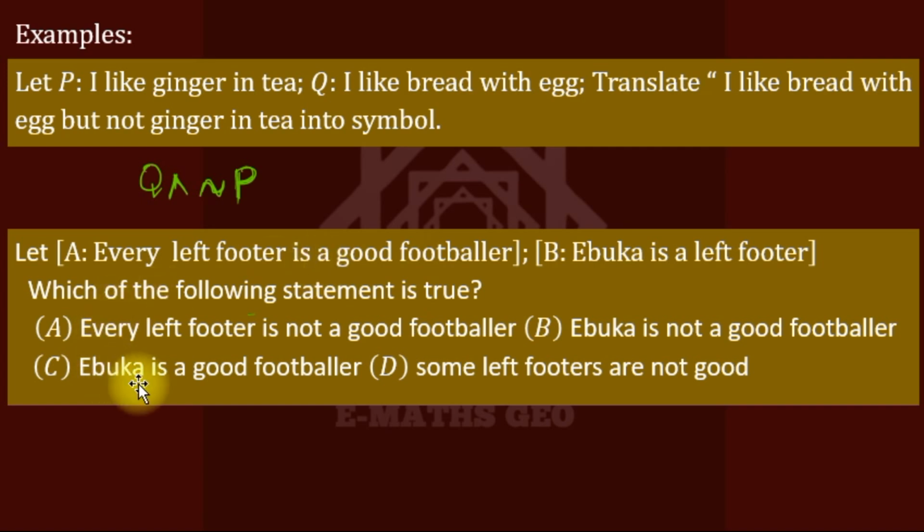The third one, they say Ebuka is a good footballer. While the fourth one, they say some left footers are not good. They didn't talk about some left footers. What they talked about was every left footer is a good footballer. And we now have Ebuka is a left footer. Common sense will tell you that since Ebuka is a left footer, Ebuka will be a good footballer, because they said every left footer is a good footballer. So our answer is C.